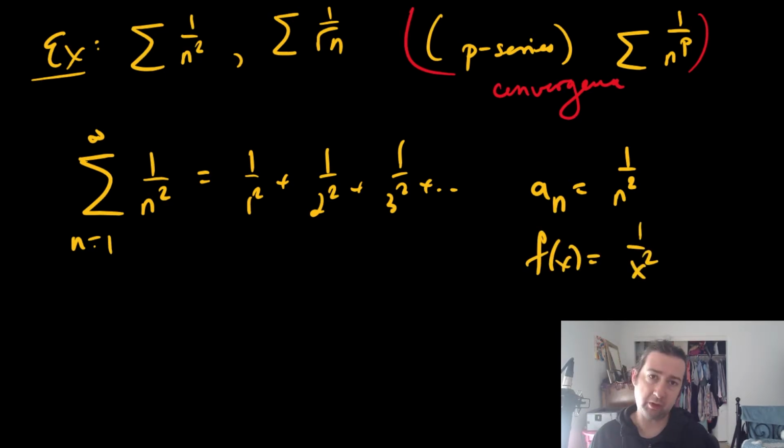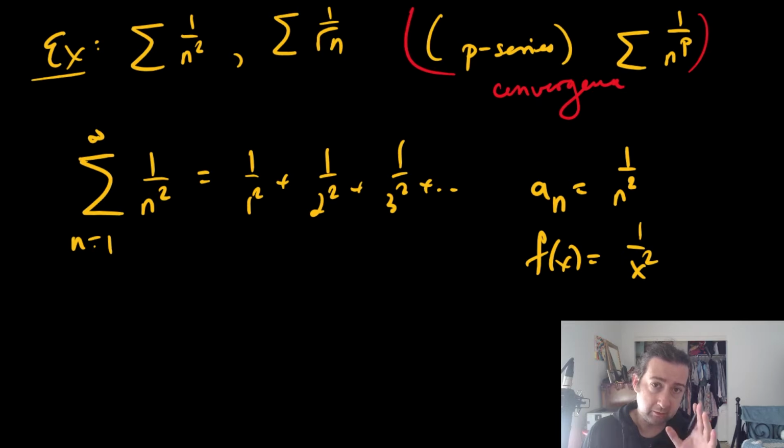So there's this function 1 over x squared that we're plugging n's into that's creating this series. And because we're going to be integrating, we need to have a function that can be integrated. So we're going to require that the f's that produce the series are continuous. And this is a continuous function.